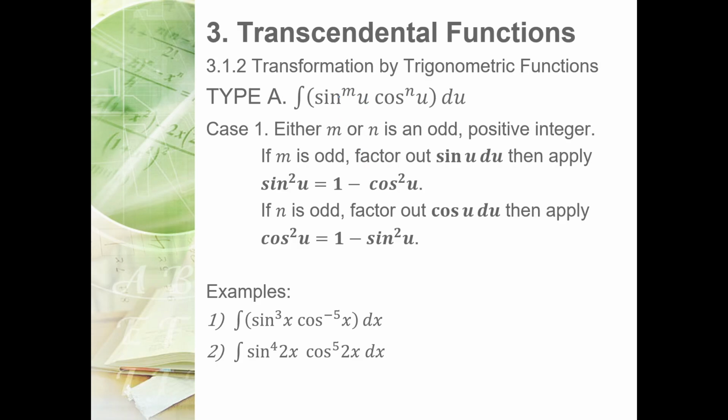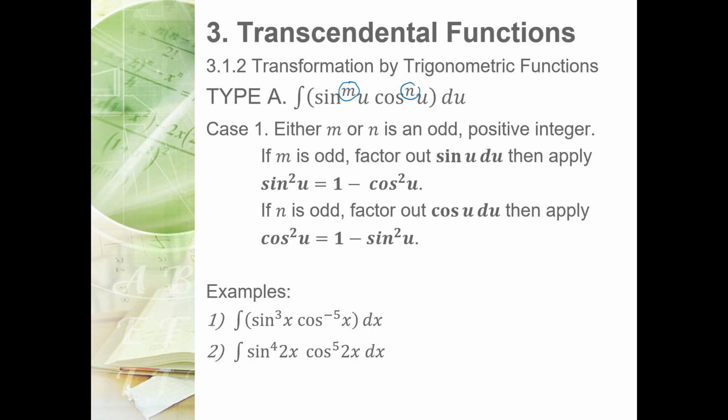Okay, so for type A, that's the integral of sine u to the power of m cosine u to the power of n du. Take note that m is the exponent of your sine function, and n is the exponent of your cosine function.